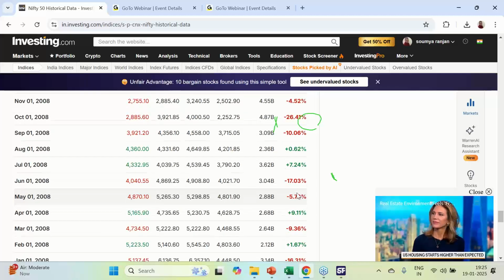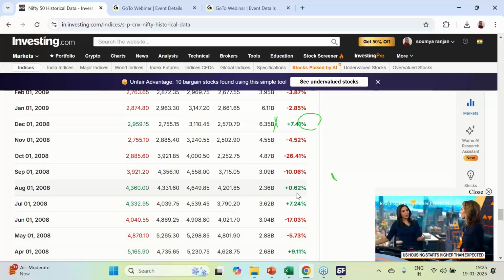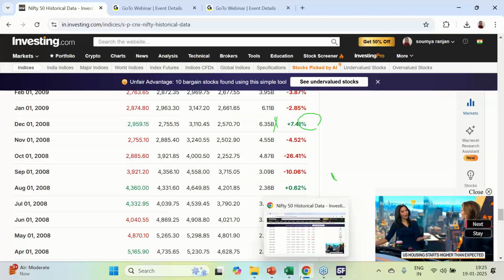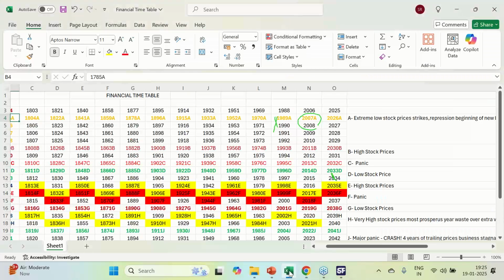These numbers you can just have a look at. 2008. So what kind of things are being created here? You can see 2007 and 8 was that period: extreme low, extreme highs. All these things will happen once it stabilizes, in the period of 2008.